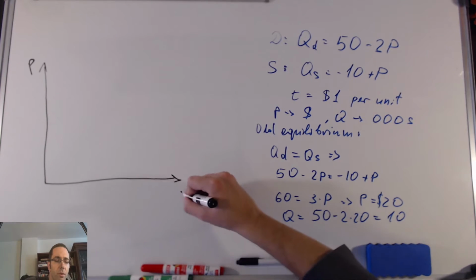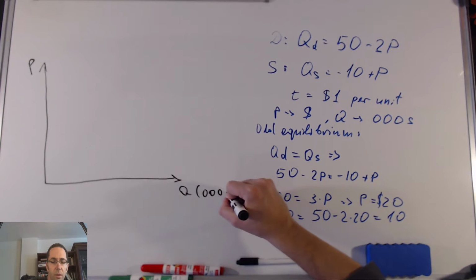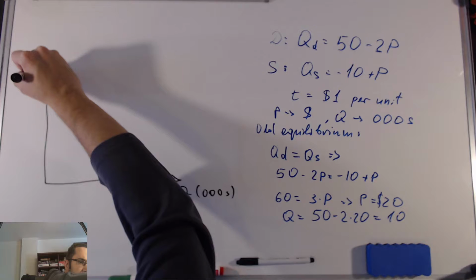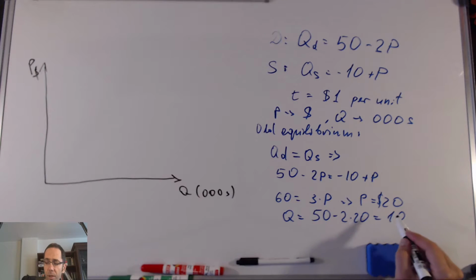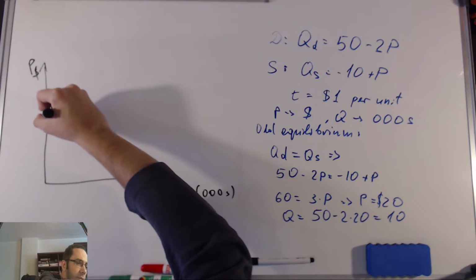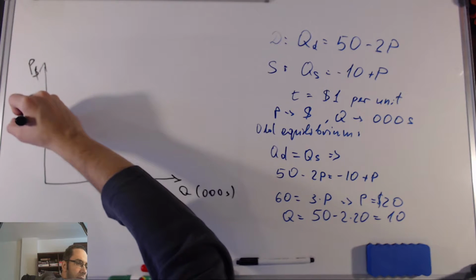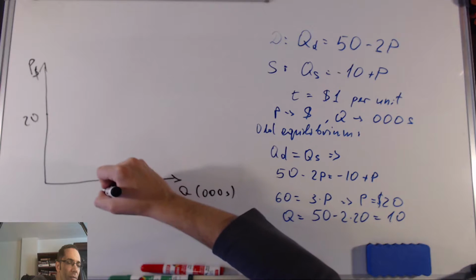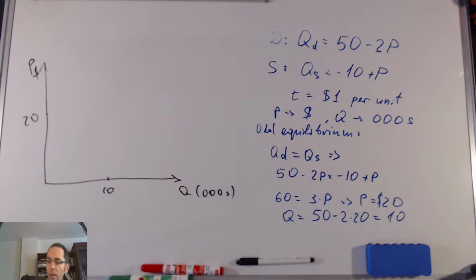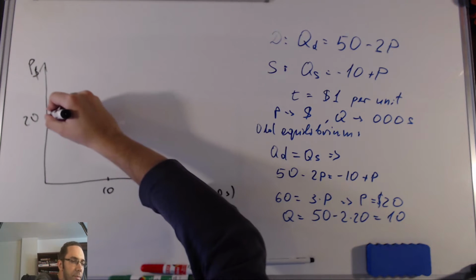So price and quantity, the quantity is in thousands, the price is in dollars, and our equilibrium happens at the price of 20 with a quantity of 10. Wait, did I get this right? Price 20, quantity 10, yep.